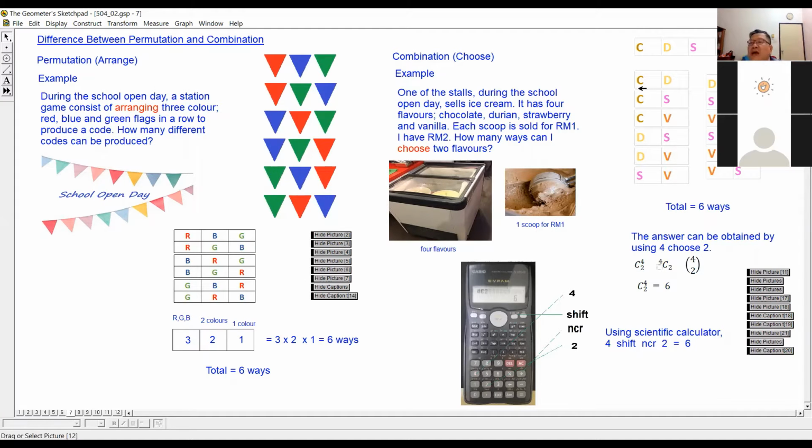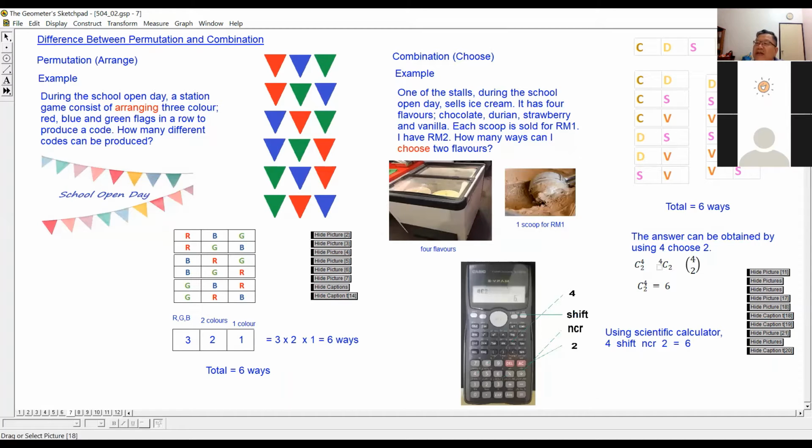It could be chocolate and durian. Then chocolate and strawberry, chocolate and vanilla. Then I start with durian: durian and vanilla, durian and strawberry. And lastly, I have strawberry and vanilla.